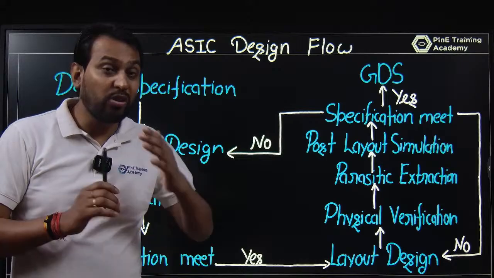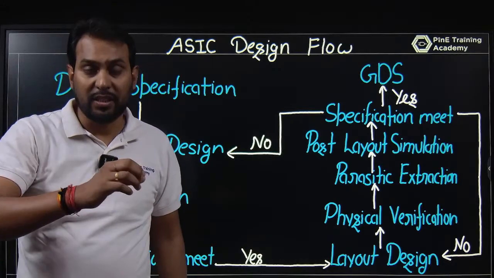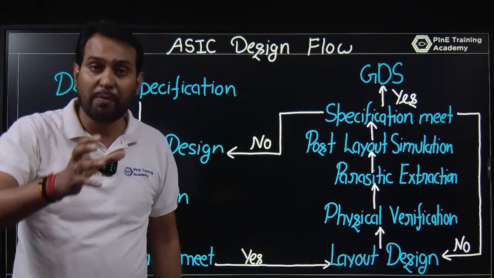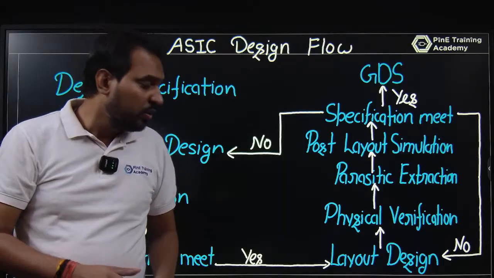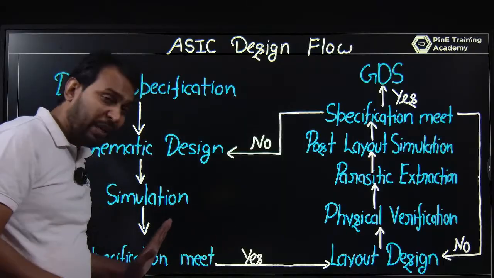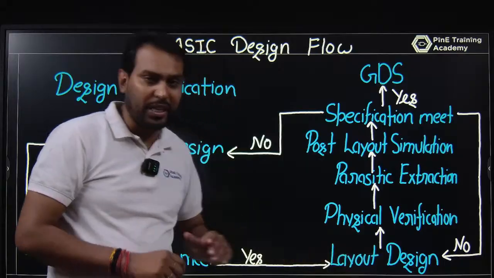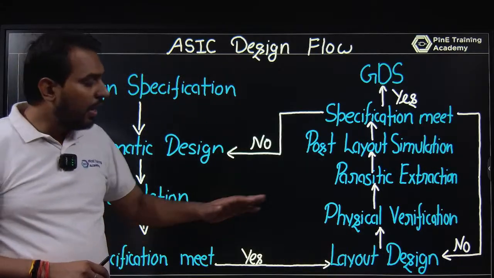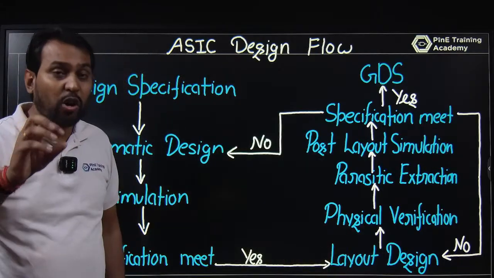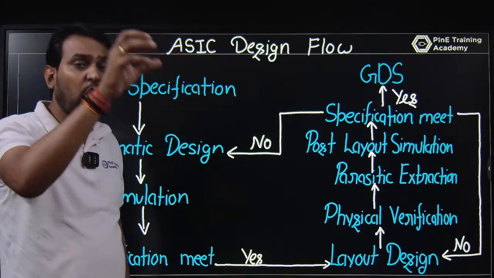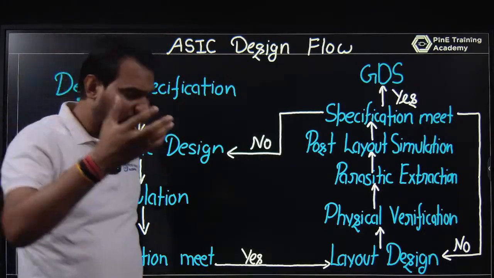But once you talk about the layout, you have layers, you have coordinates, you have a database on the basis of that. So after the specification is met, we go for the layout design. In a layout, we design on the basis of instances, or you can go for custom. What is the meaning of custom?